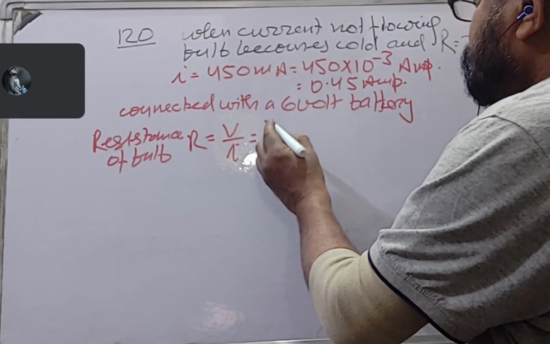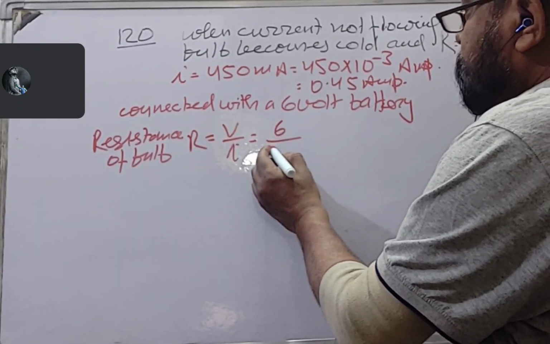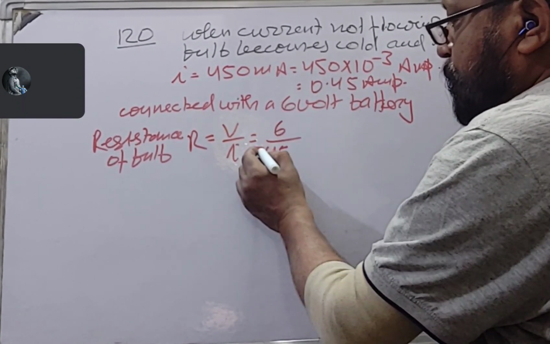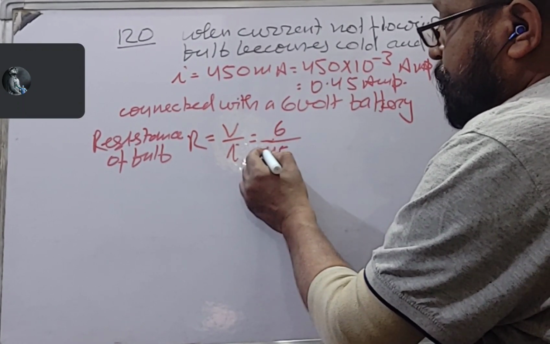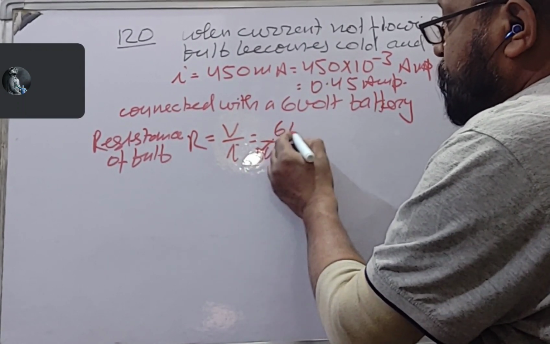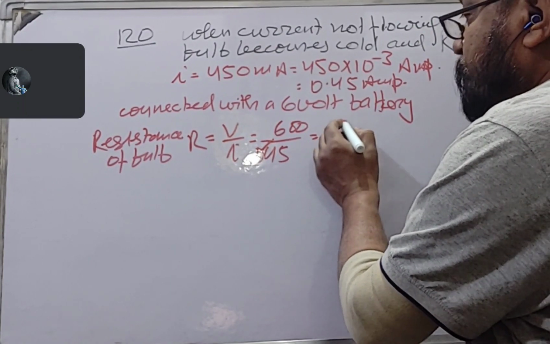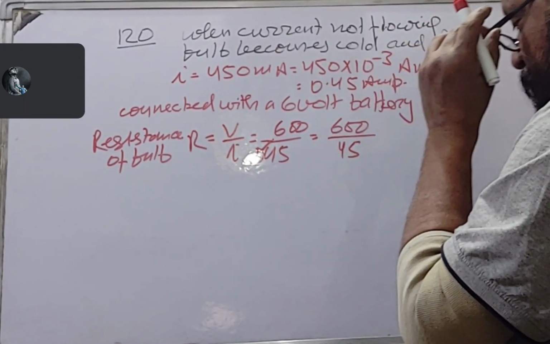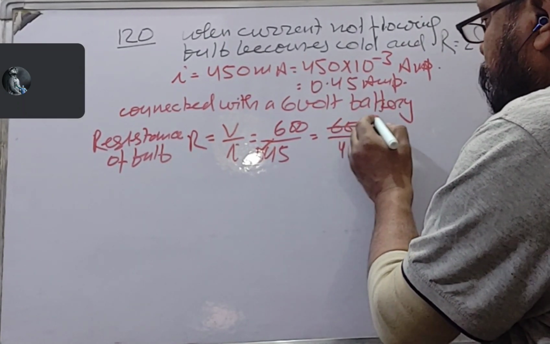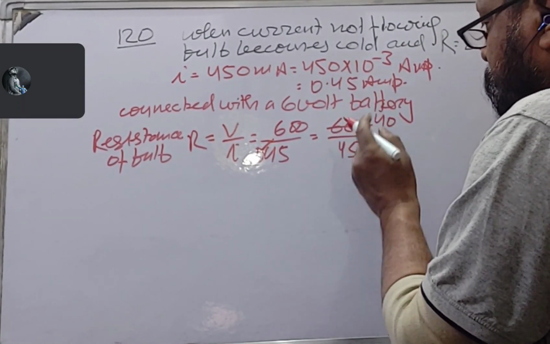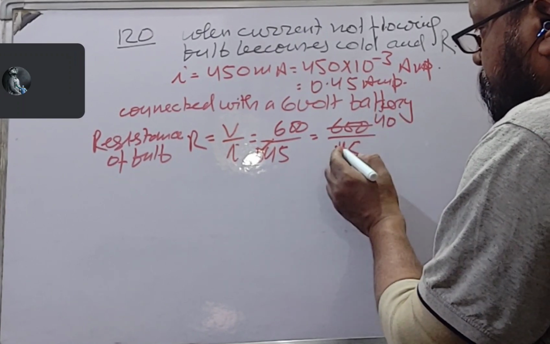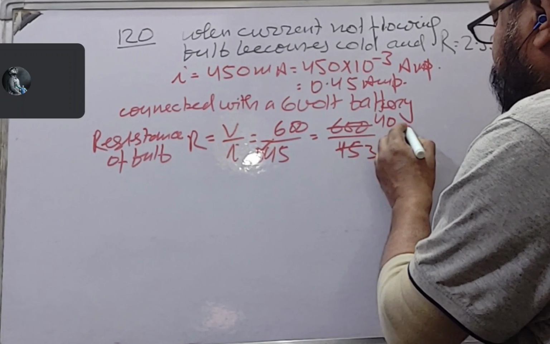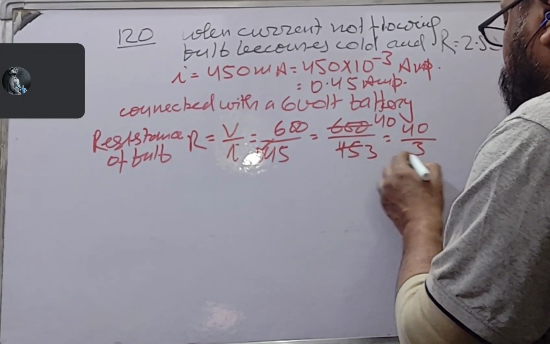V is equal to 6 volt, and this is 0.45. We will remove this decimal by taking 2 zeros here. It becomes 600 upon 45. So 15 fours are 60, and 15 threes are 45. It becomes 40 upon 3.